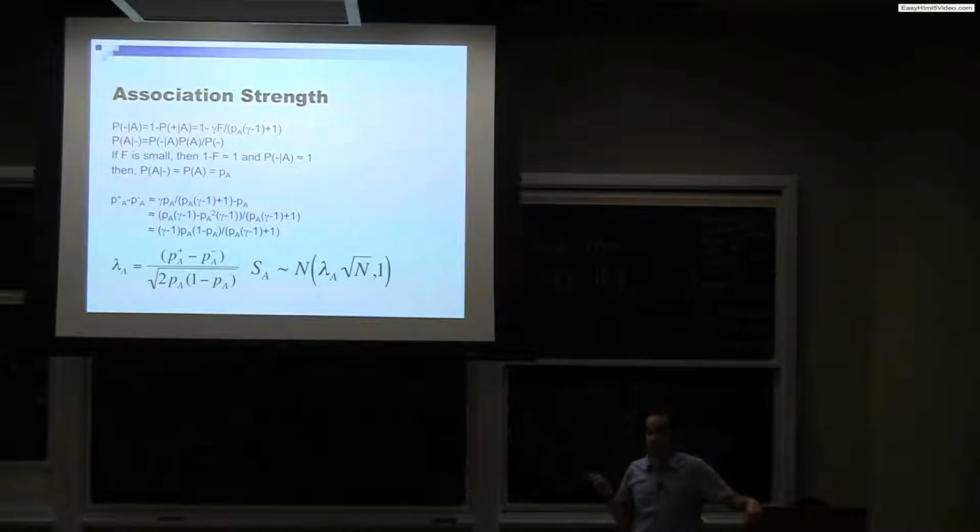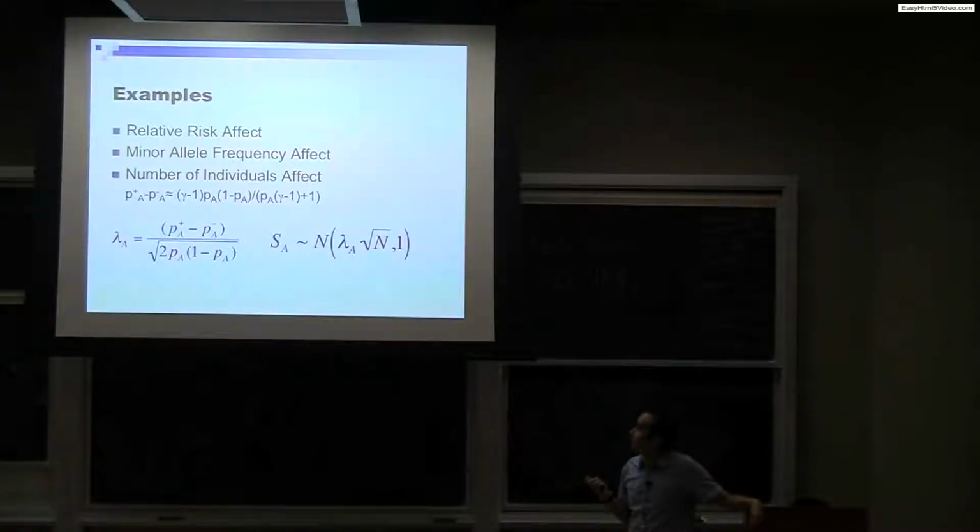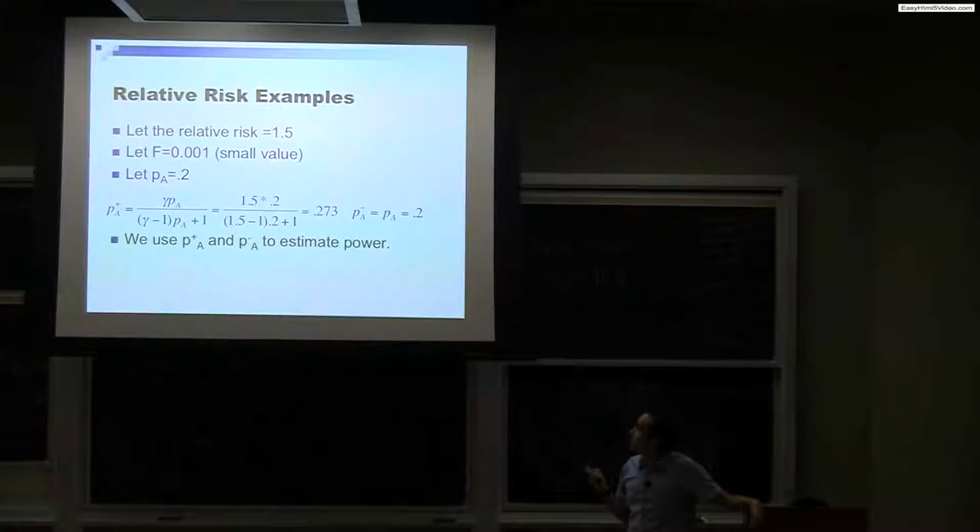On the homework, you're going to have practice problems like this, where you basically do this. What's really important is that you understand these formulas and have an idea of how to derive them, and you'll have the slides also that'll help you. Okay. So now let's say it's 2. This is the frequency. What about if the relative risk is 2? We did that one. What about if the relative risk is 1.5, but the variant is more common?